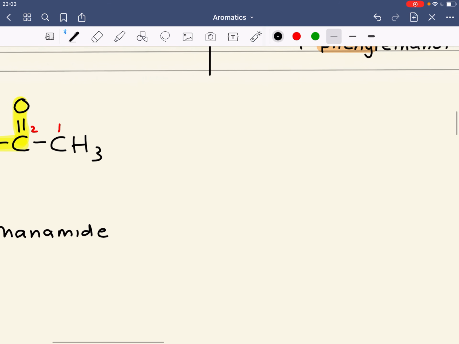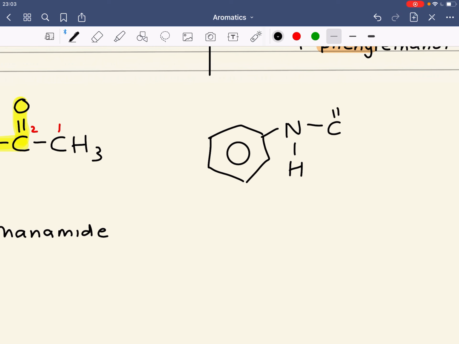So if I was now to name this molecule, let's go back to what we were looking at. I'm hoping we can see it's an amide, and if I'm going to be really precise, I should always name that carbon 1 and that carbon 2.